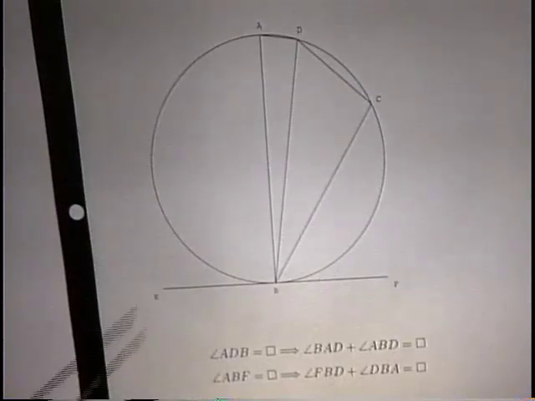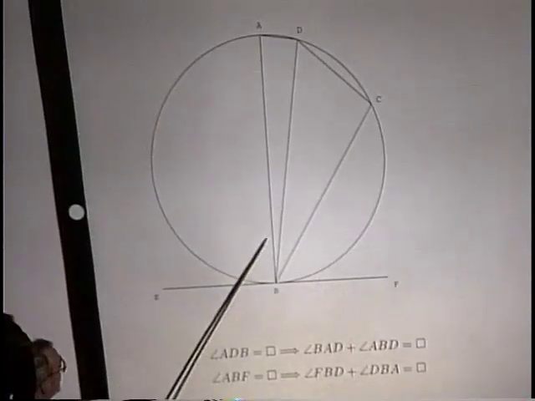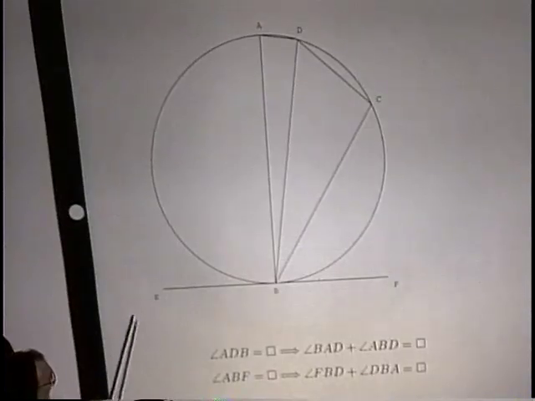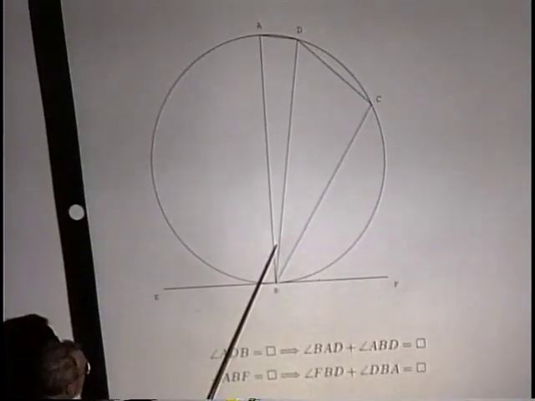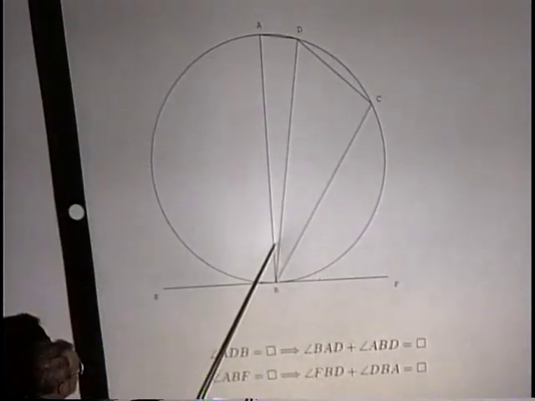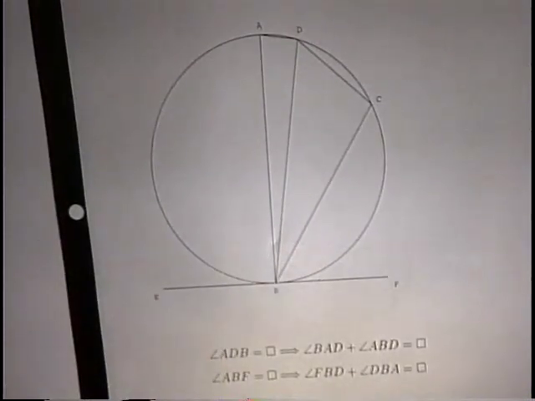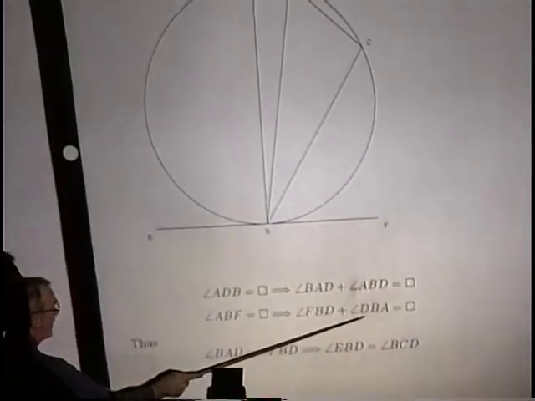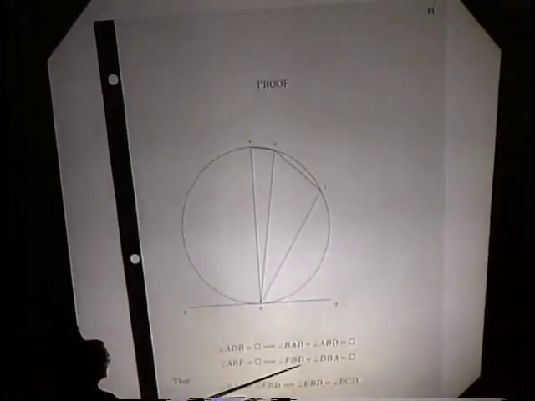Now, ABF is also a right angle, because that's how we chose AB. It was perpendicular to this tangent, and that means ABF is made up of three angles there, but in particular made up of this one, FBD, this one, and this small one, which is DBA or ABD. So these two are the same, which means these two are the same.